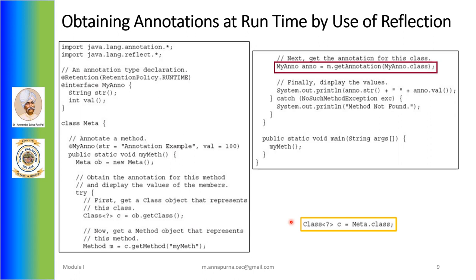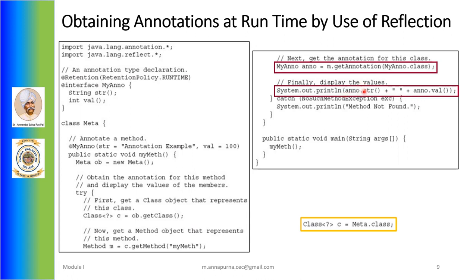The second point of interest is the way the values associated with str and val are obtained when they are output by the following line: System.out.println(anno.str() + " " + anno.val()). Notice that they are invoked using the method call syntax.